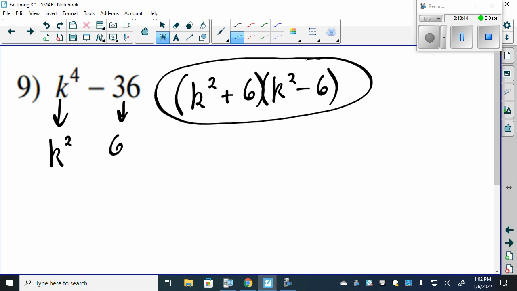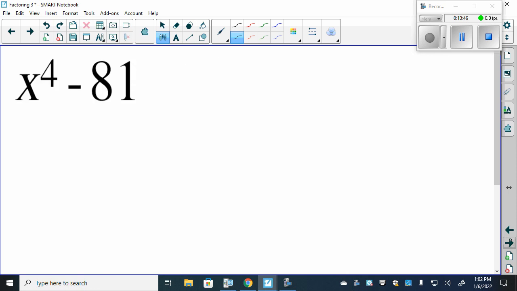Okay, you're going to have to add one to the note sheets, and that's going to be this one here. As we've kind of mentioned so far, x to the 4th is really x squared squared. And 81 is 9 squared.